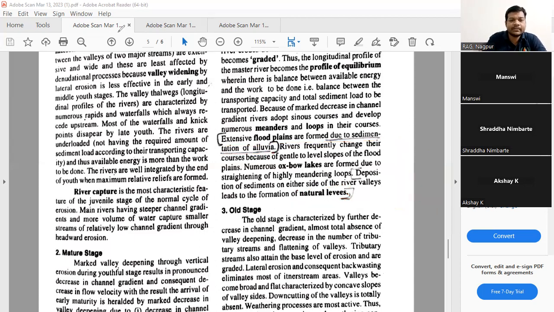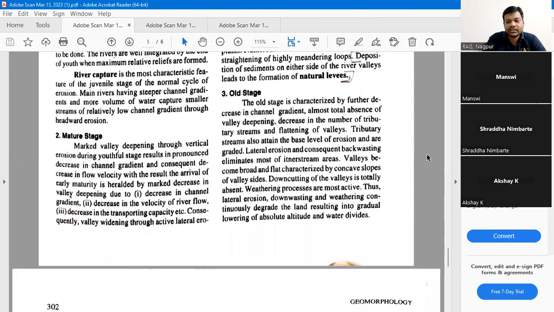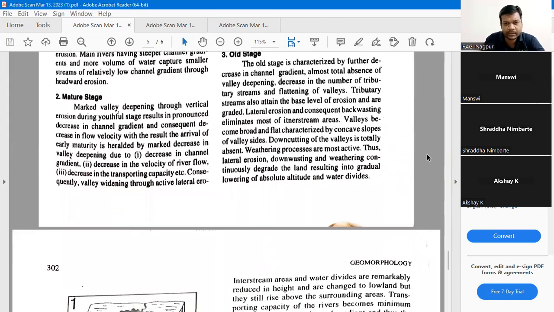And then the river loses its capacity to transport as well as erode. It cannot erode any further. It cannot transport any further the larger materials or even the moderate or smaller materials.